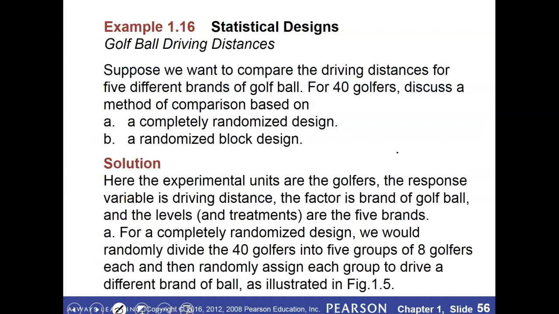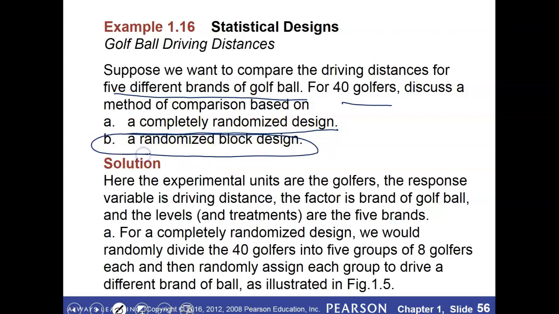So let's suppose we were going to do a study on specific golf balls and how a certain golf ball might affect the driving distance when a golfer hits it. Suppose we compare driving distances for 5 different brands of golf balls, and we have 40 golfers, and we want to have a completely randomized design, but then we're also going to talk about a block design.